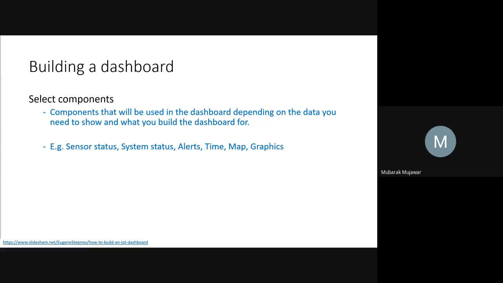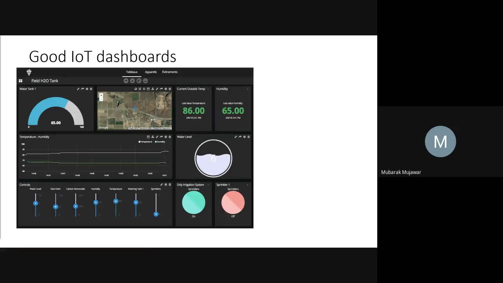Now, I have some very good IoT dashboard examples, which I'm going to show you. The first one is over here, which is built in Tableau. What we have is a water tank in one of the cities in California. And what we can see is that it is showing all the essential things needed to maintain that H2O tank or water tank in a given field.